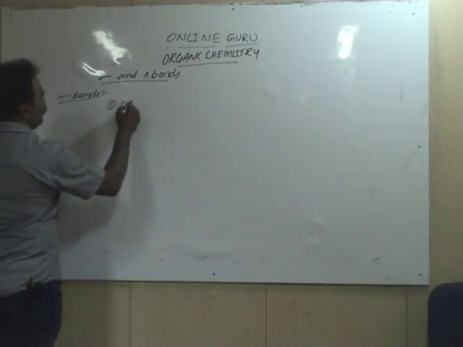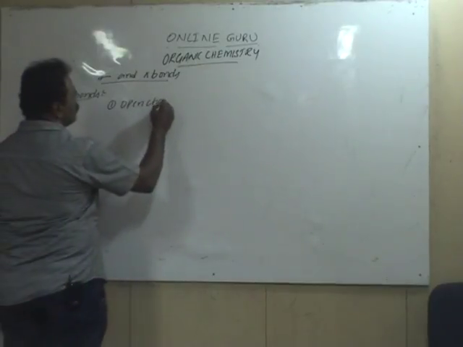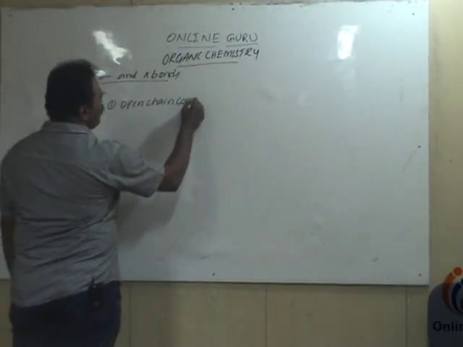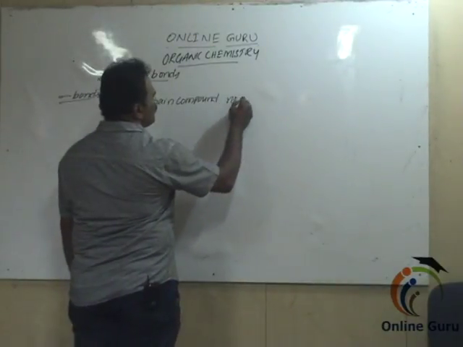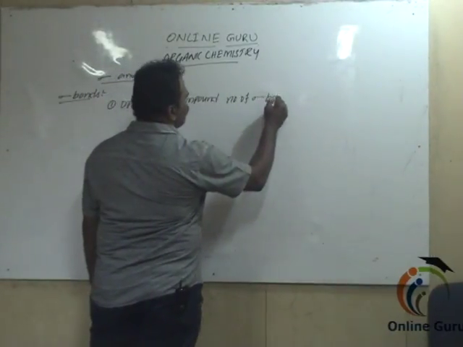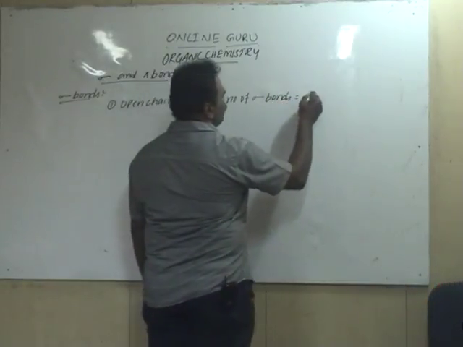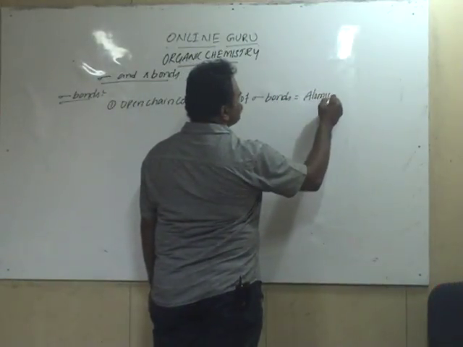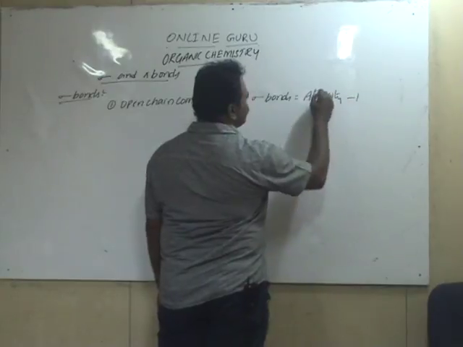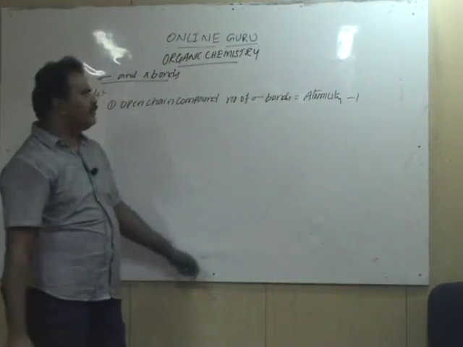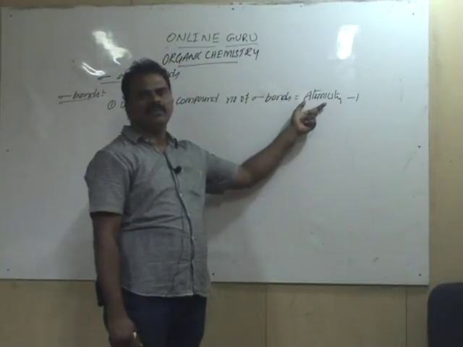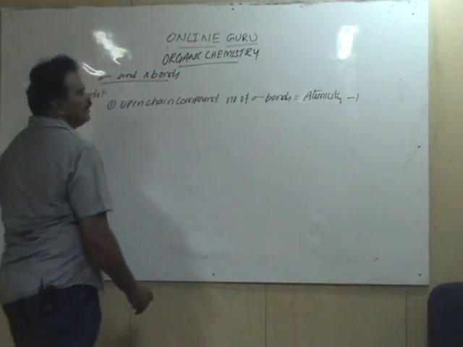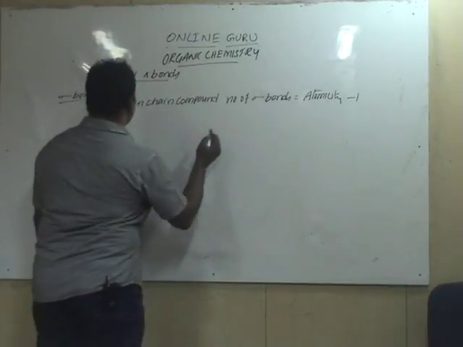Number 1, open chain compound: the number of sigma bonds equals atomicity minus 1. Atomicity is nothing but the total number of atoms in a molecule.